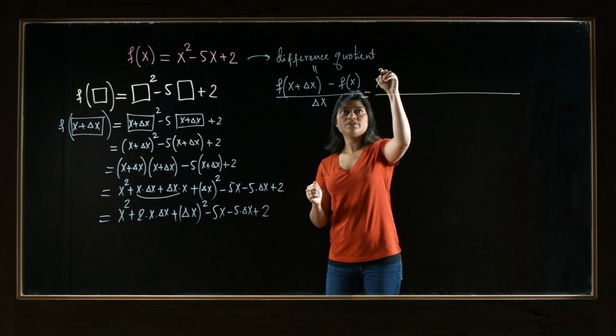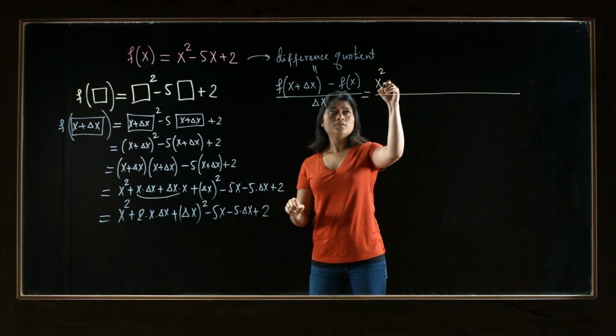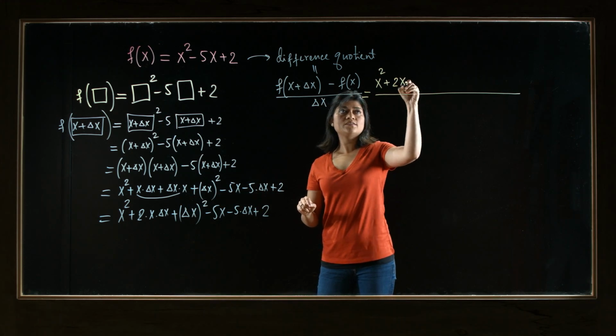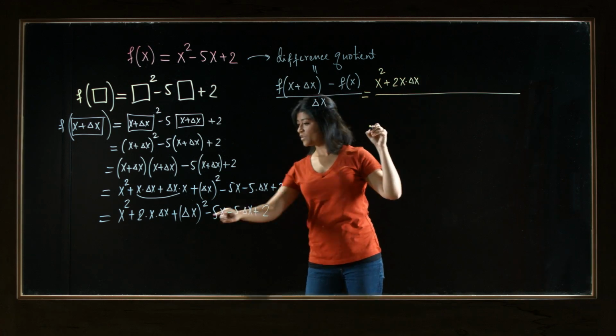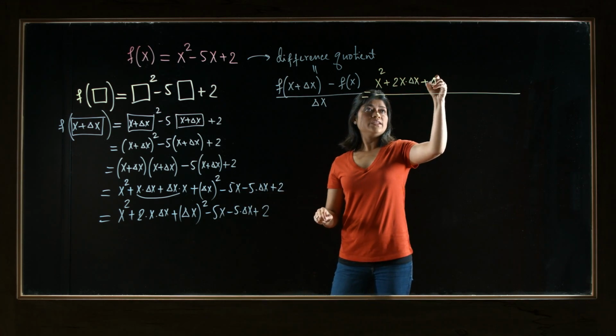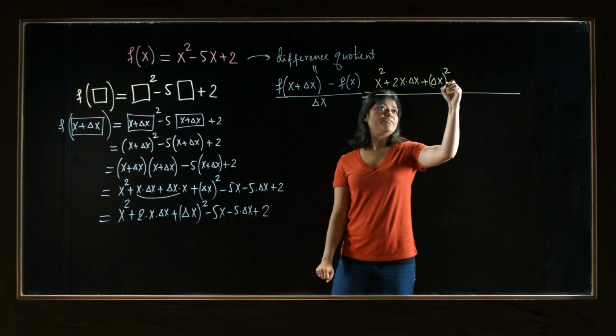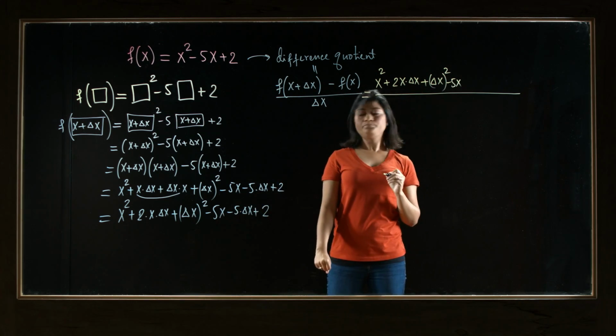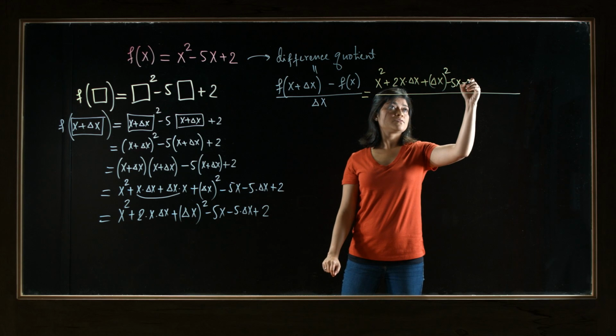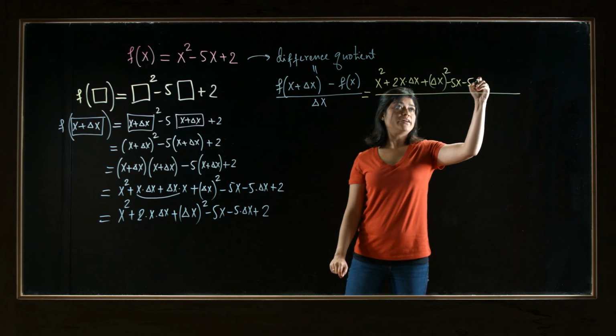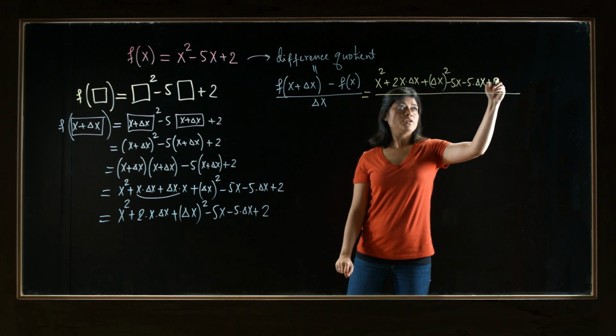So let's write everything down. We have x squared plus 2x delta x plus delta x squared minus 5x minus 5 delta x plus 2.